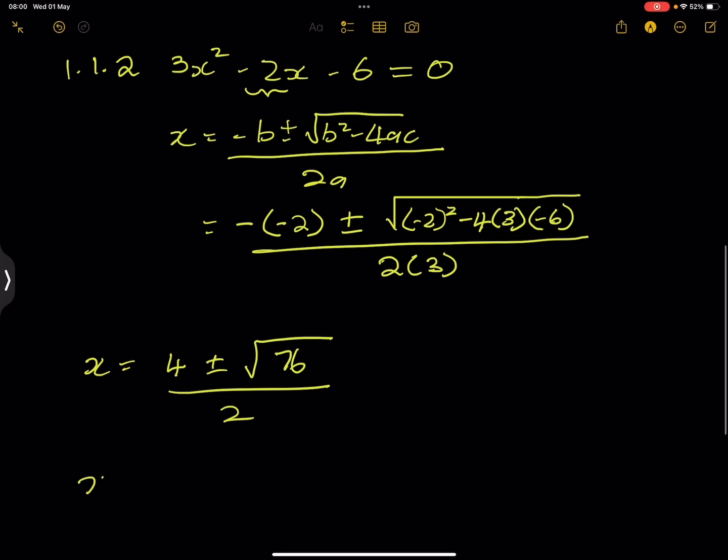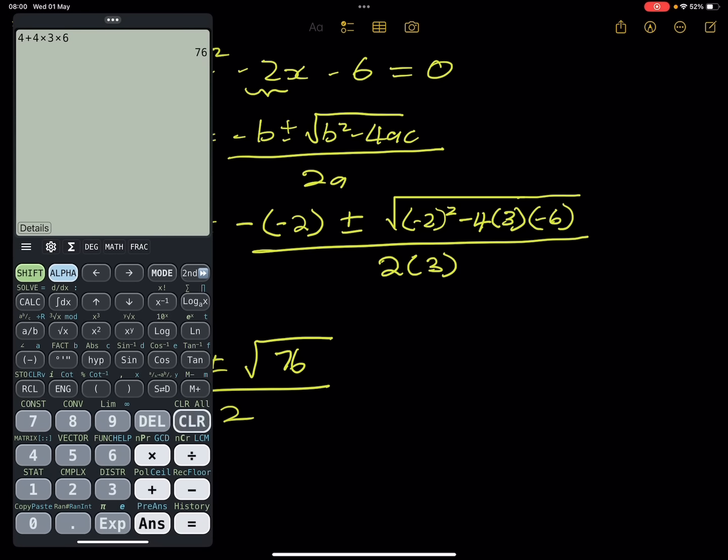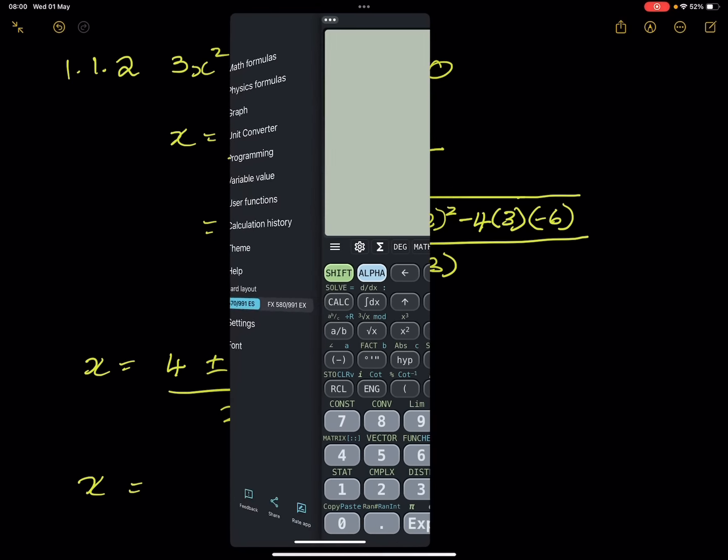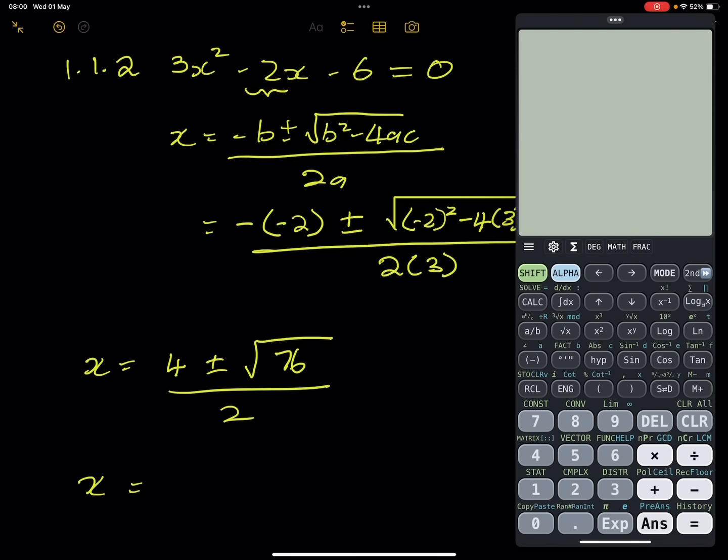And of course, all that's left for us to do is find our solutions. In this case, I'm just going to put that in my calculator. So I've got 4 plus the square root of 76, and this is divided by 2.